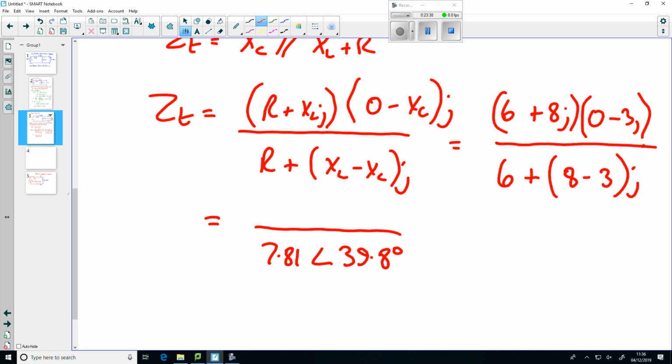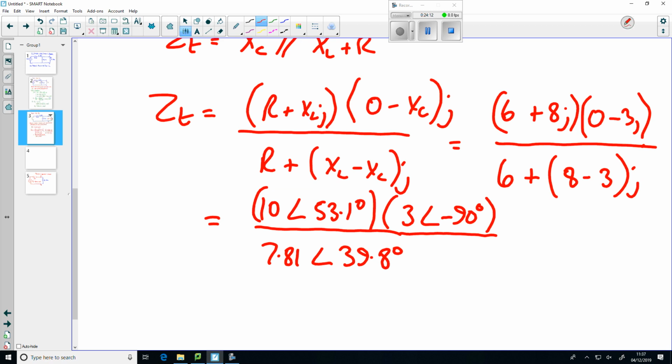But on the top we need these two numbers converted separately from rectangular to polar form. We don't need to calculate for that one. The capacitor is 3 angle minus 90 degrees.